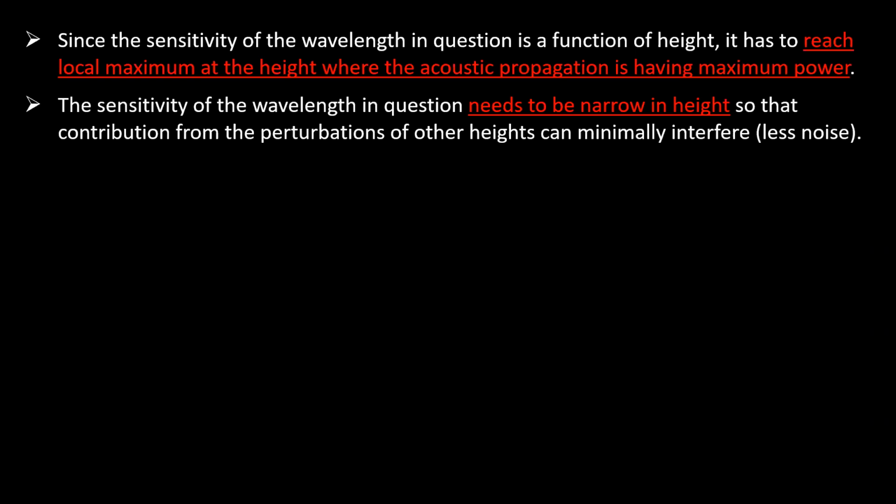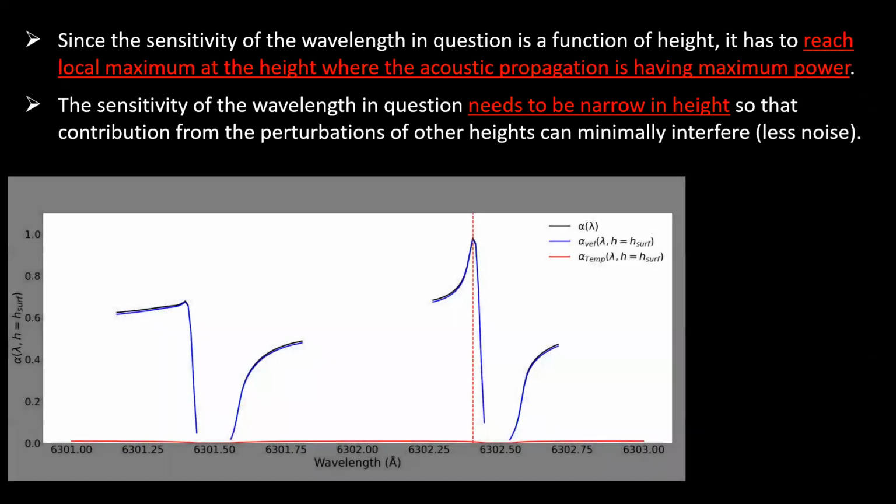So we have developed a variable called alpha, and this variable actually tries to maximize the effect of the acoustic contribution on the velocity perturbation in the spectrum. And from that, we were able to find this right wavelength, this optimal wavelength that can be directly used for imaging these acoustic perturbations.